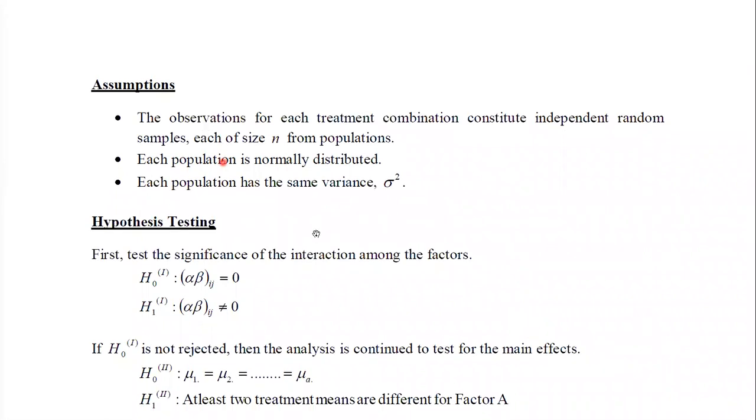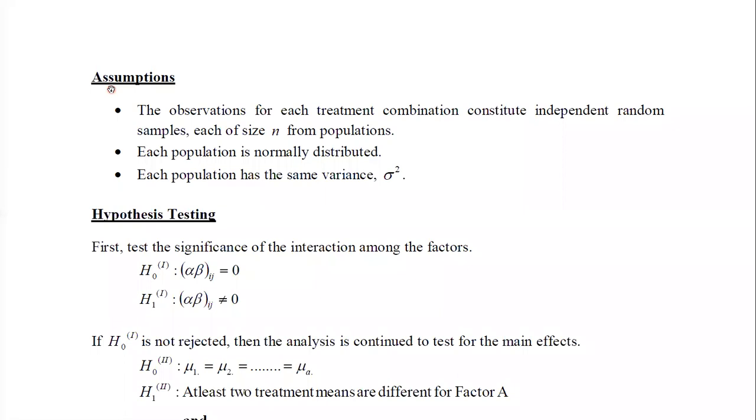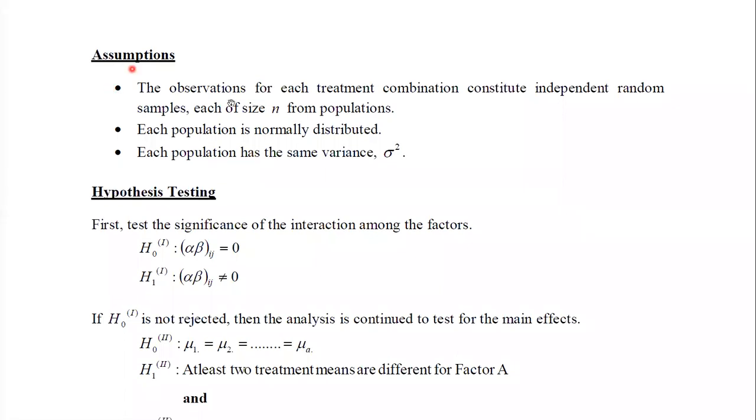But prior to this hypothesis, I will just brief you about the assumptions that we are using. The observations for each treatment combination constitute independent random samples, each of size n, from populations. The next assumption is that the populations are normally distributed, and the next is that the populations have the same variance, sigma squared.